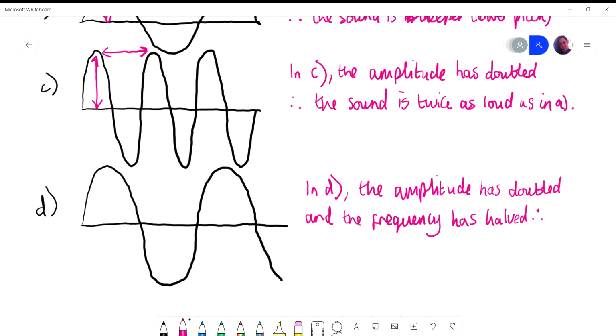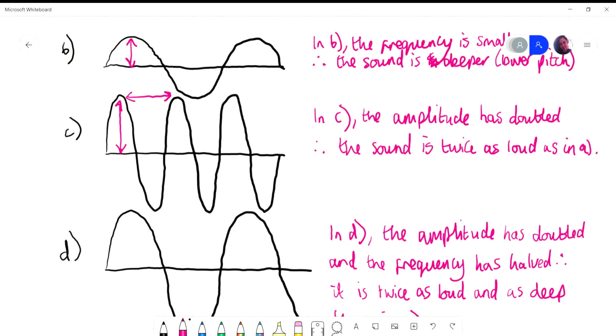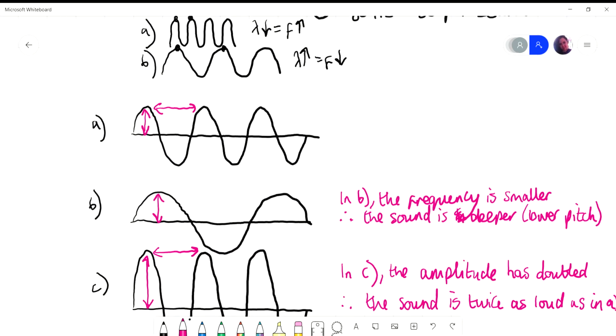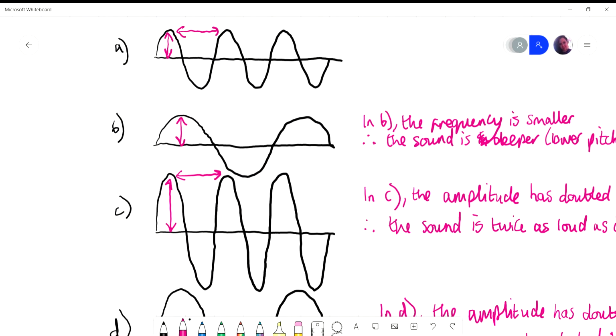Therefore, it is twice as loud and as deep as in A. Okay, so that just gives you an idea of the effect that changing properties of the wave has if you're dealing with sound.